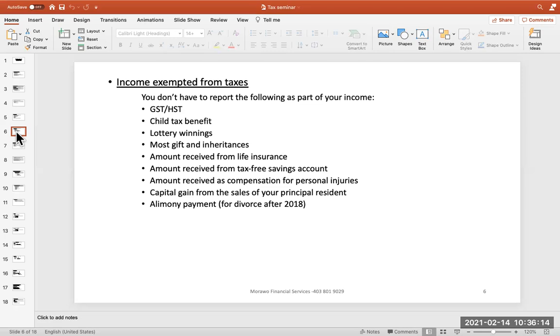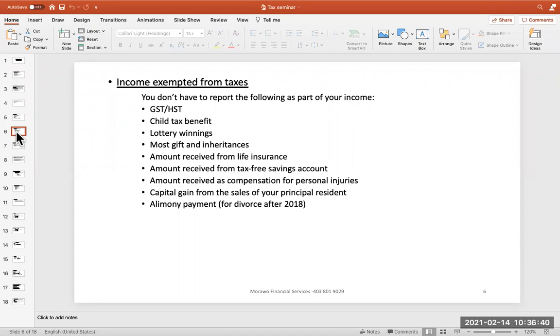Then amount received from tax-free savings account. Whatever you receive from there is not part of your income. You have it free of income tax. Then amount received as compensation for personal injuries, where you're working, you got injured, and you are paid compensation, is not reported as part of your income.